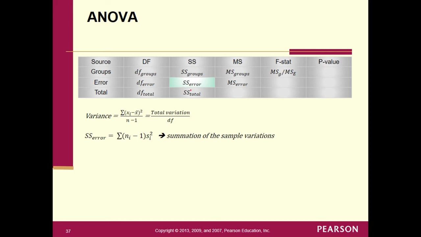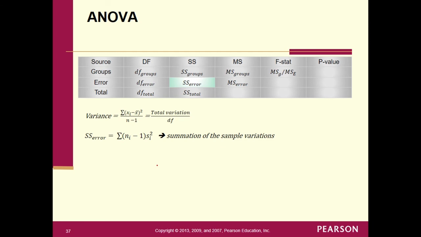How about some insight into SS error, the sum of squares for error? SS error is this formula. It is the variances of the individual groups weighted by their sample sizes, and then we sum them.